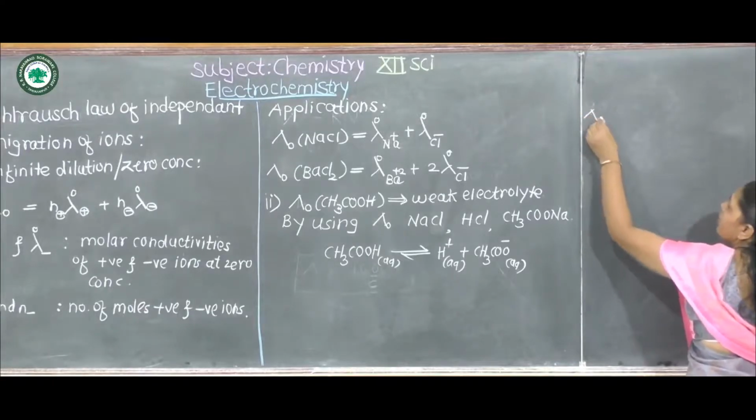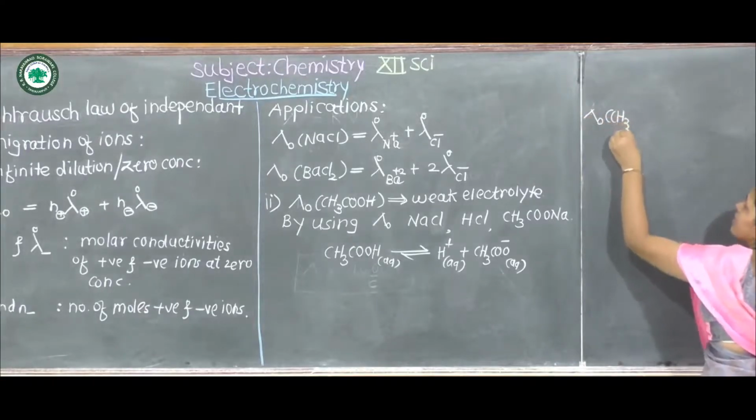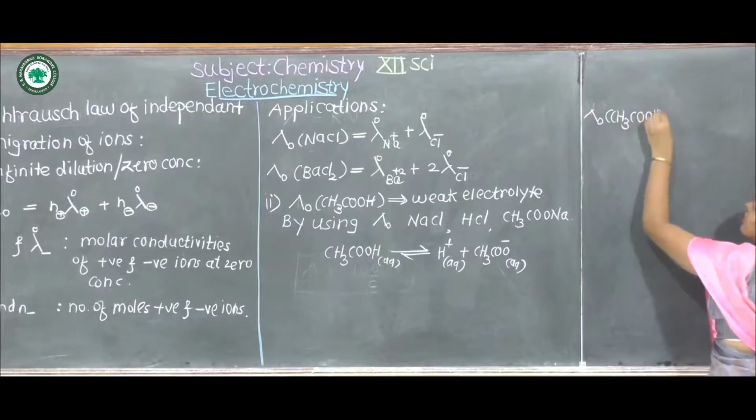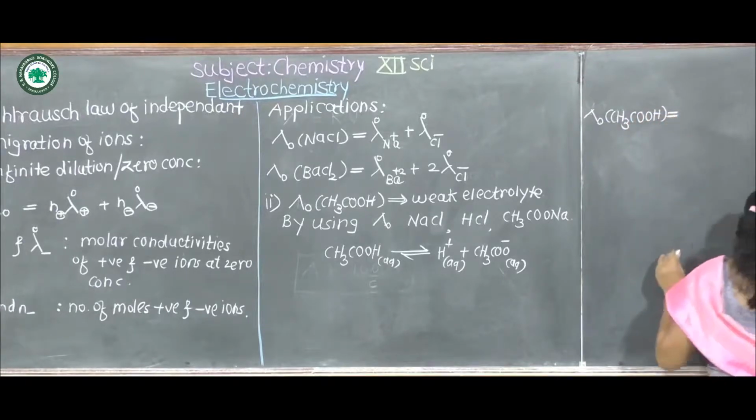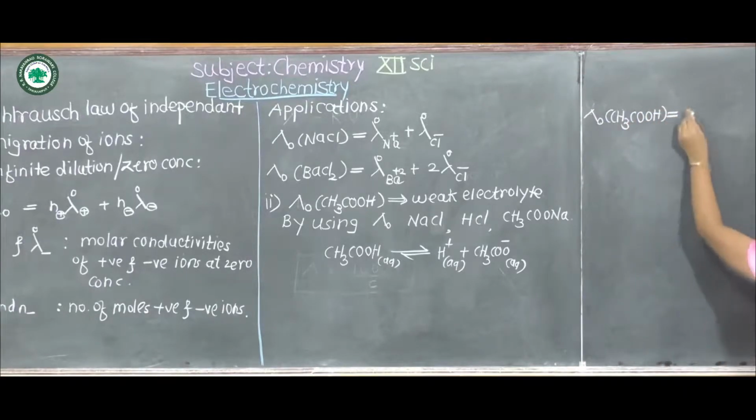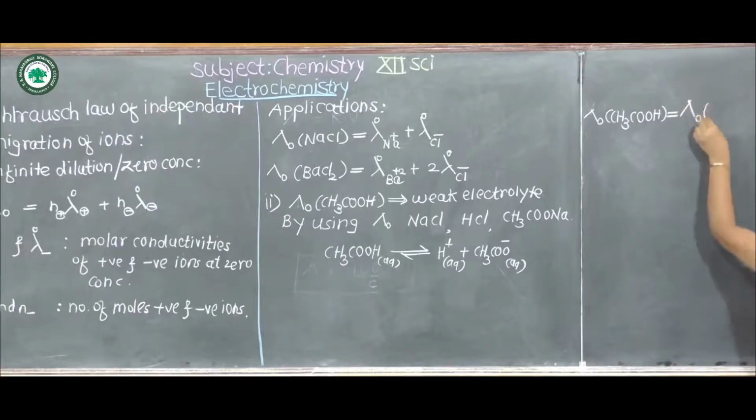molar conductivity of acetic acid is equal to molar conductivity of HCl plus molar conductivity of sodium acetate minus molar conductivity of NaCl.